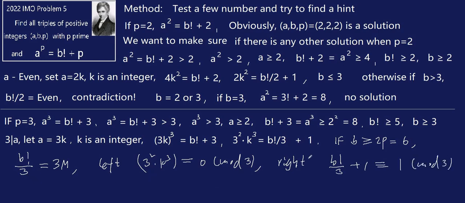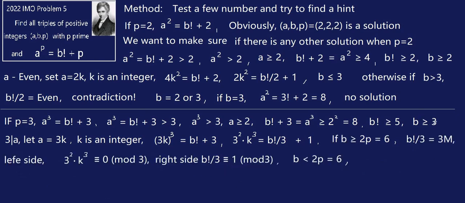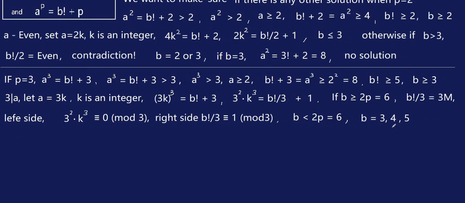So contradiction. That means b must be less than 2p, which is 6. Because b is at least 3, b can only be 3, 4, 5. So only 3 cases we can check one by one.